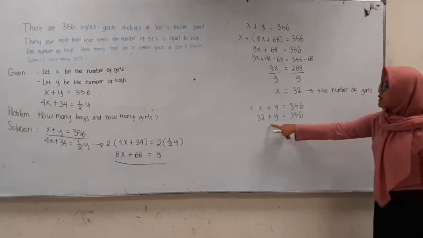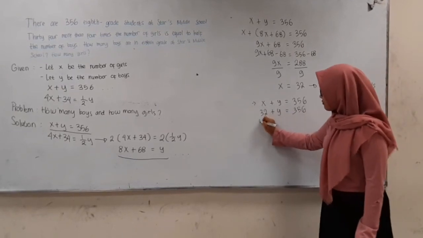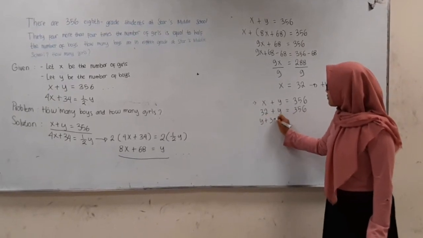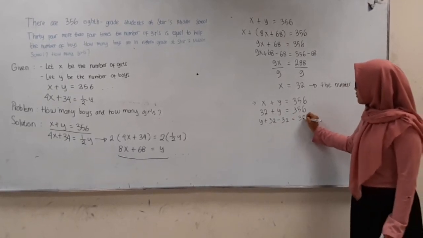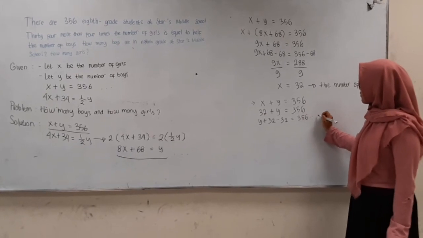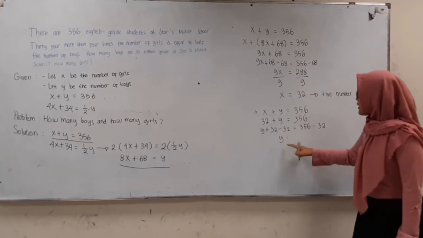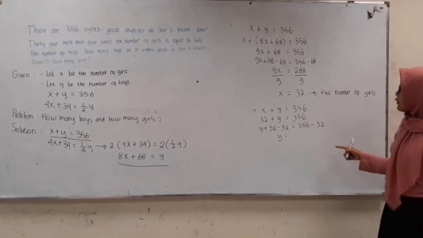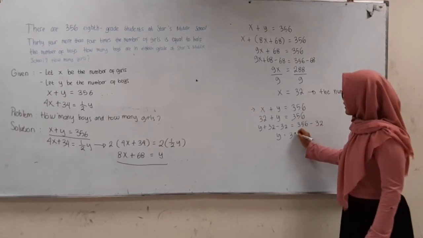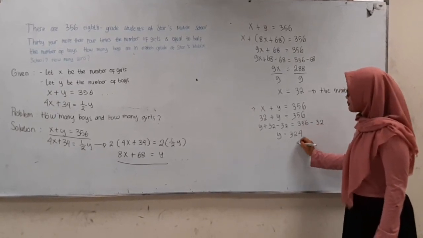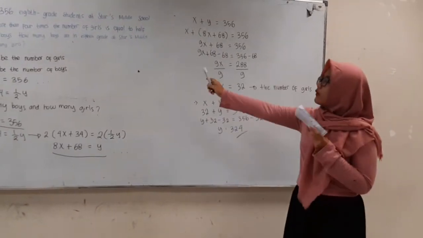Now we subtract both sides by 32. Now we can simplify, y equals 324.